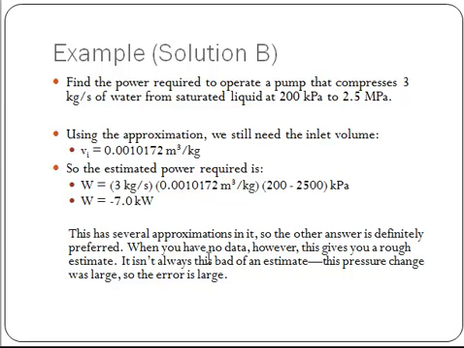Now most of the time, this is a rather extreme pressure change, so the larger my pressure change, the worse of an estimate this is going to be. But this, remember, is always an estimate. If I have a choice, don't do this. Okay, the other one's going to be better. Percentage-wise, this is like half the value of the other one, right?